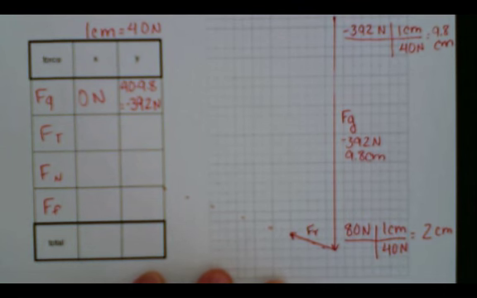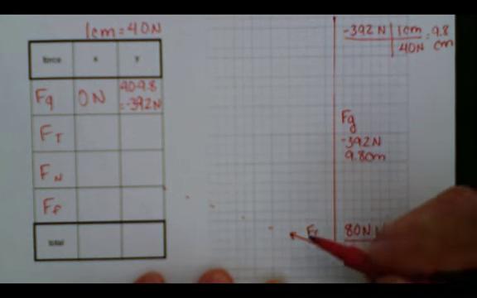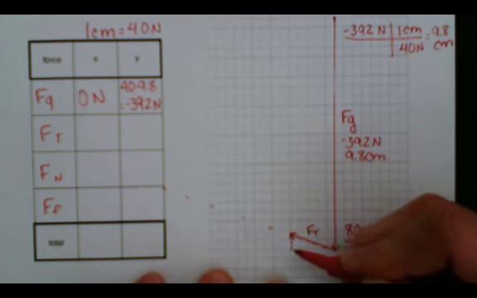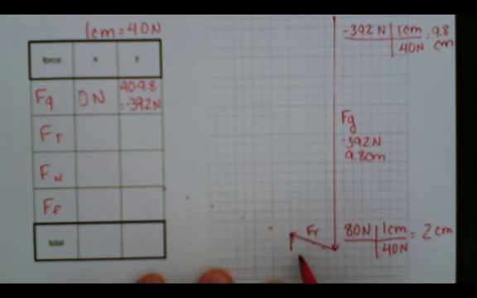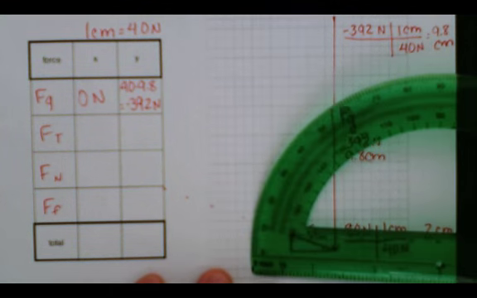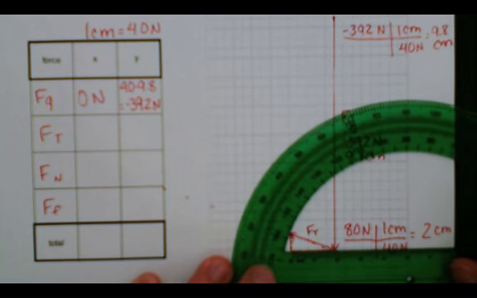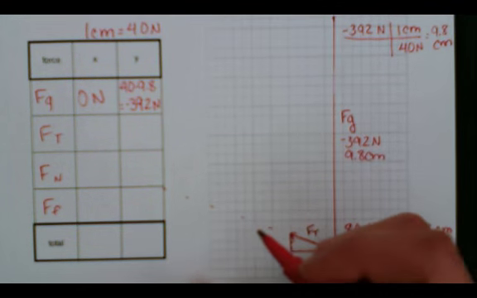As you can see, the tension force does not act in just the x or y direction. Our tension force has a vertical component and a horizontal component. Let's calculate these components. Let's begin with the horizontal component. Our horizontal component measures 1.9 centimeters.